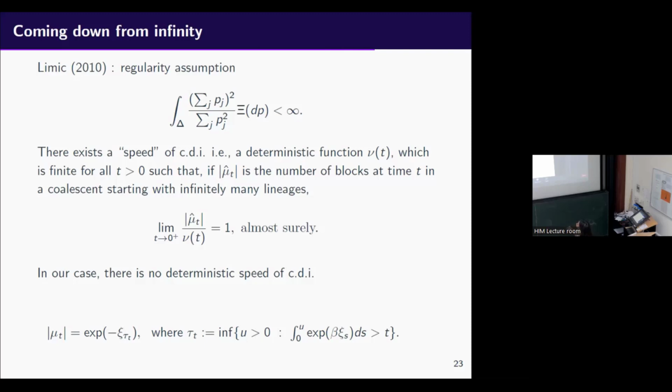If you satisfy this condition, then you can prove that there is a speed of coming down from infinity, meaning that you can find a function nu of t that satisfies this property, which is like saying that you are coming down from infinity at this speed.